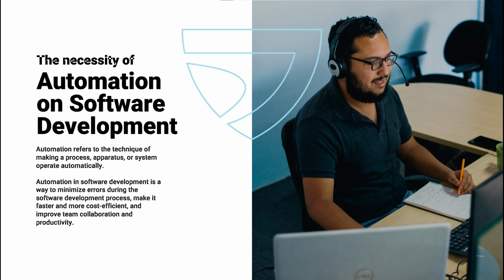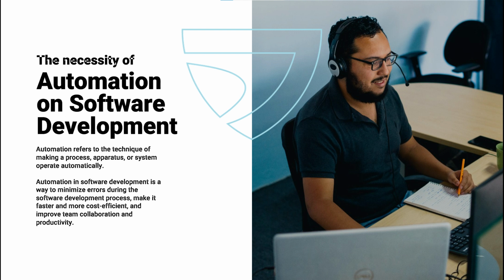So here is where automation in software development comes in. It is supposed to save time, creating processes that run automatically. You can have different ways of managing errors or issues.